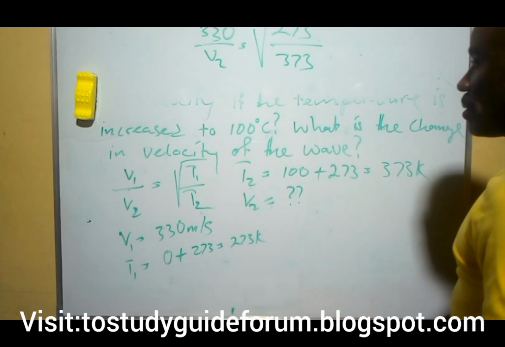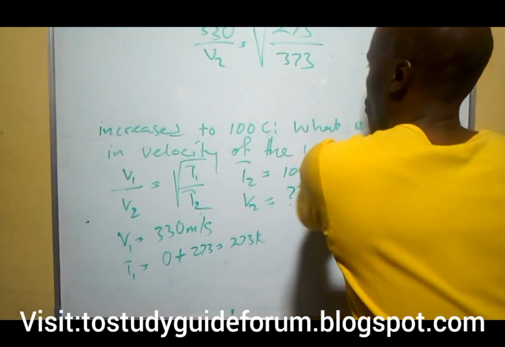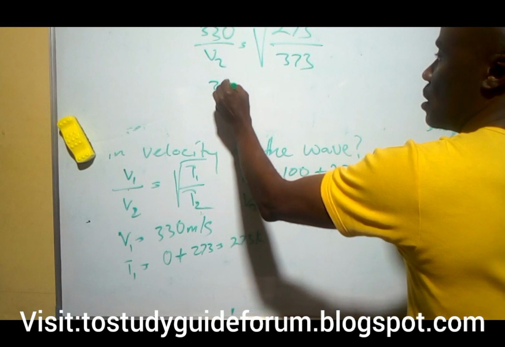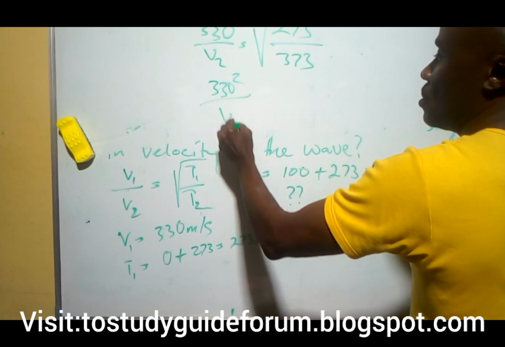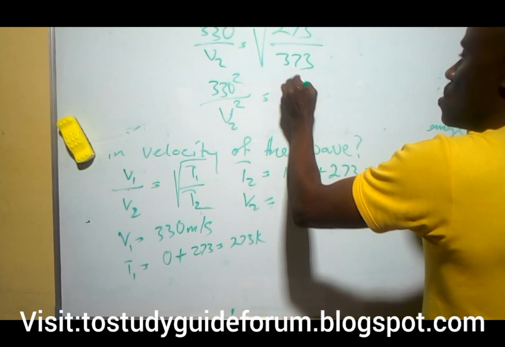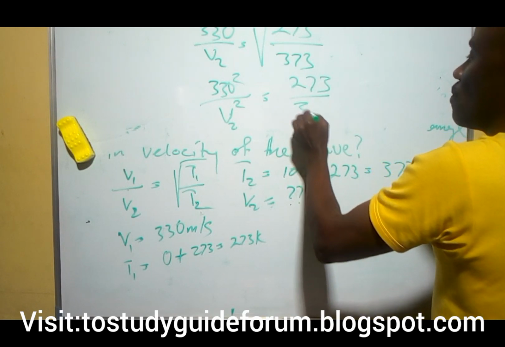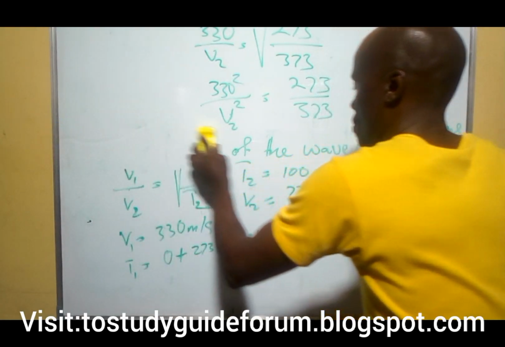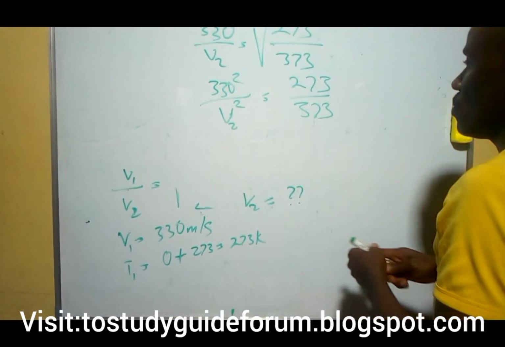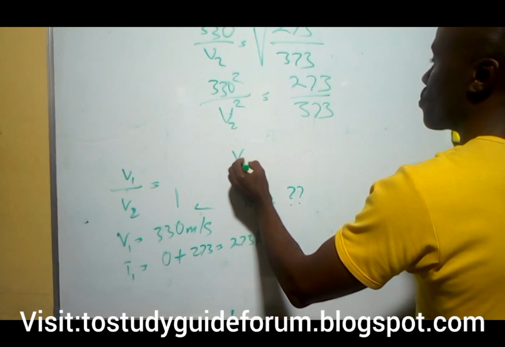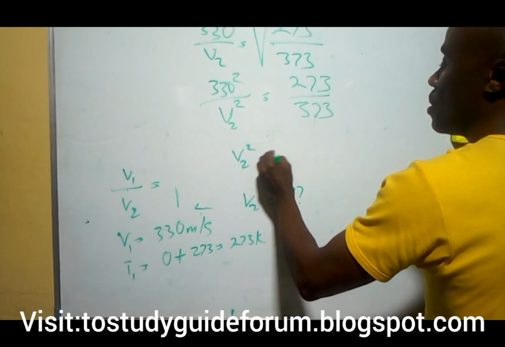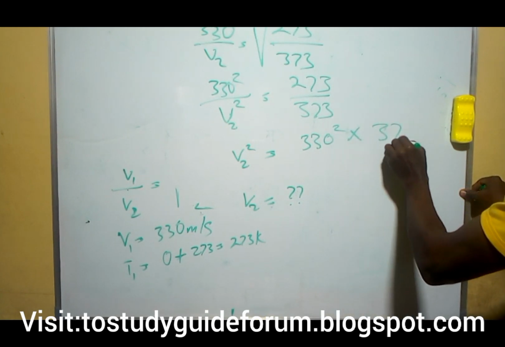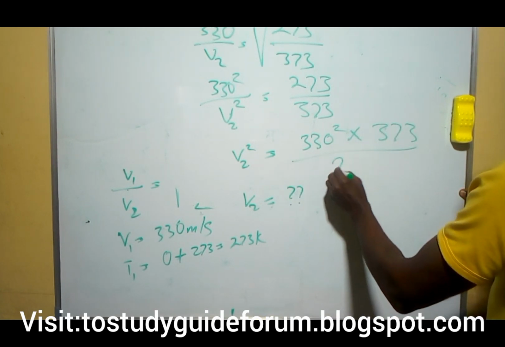So when we open up these brackets by squaring both sides, what we have here will be 330 squared over V2 squared equals 273 over 373. So when we multiply through, we will have V2 squared equal to 330 squared times 373 all over 273.